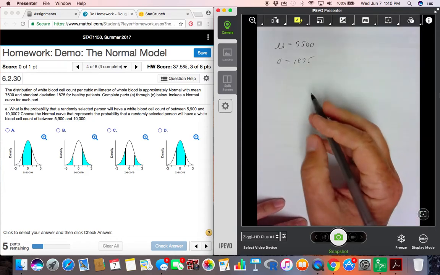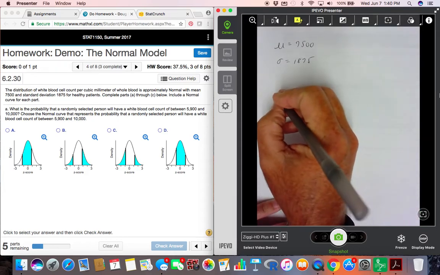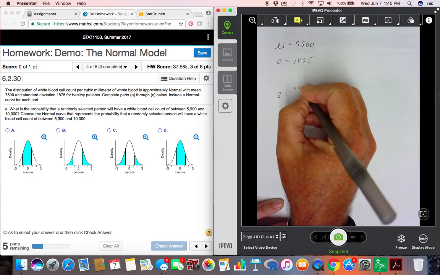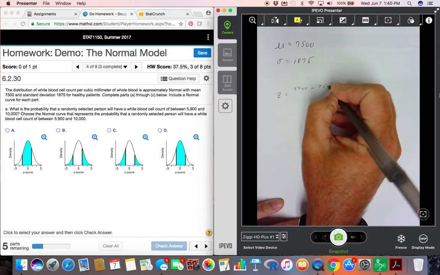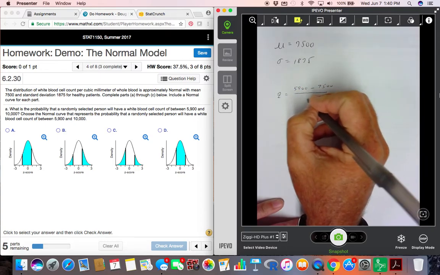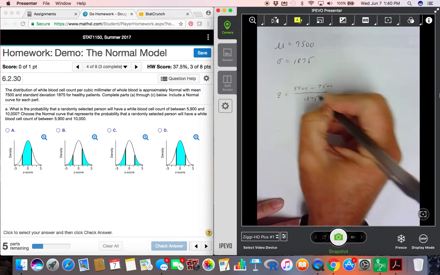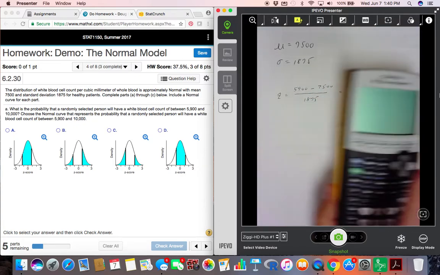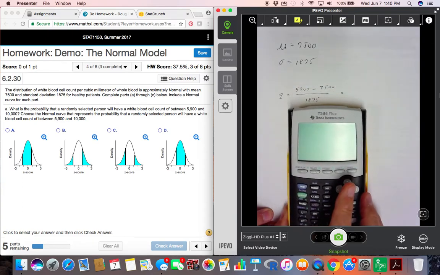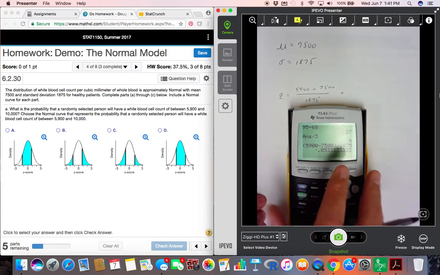So what we need is the z-score for 5,900. So the z-score there is negative 0.85.